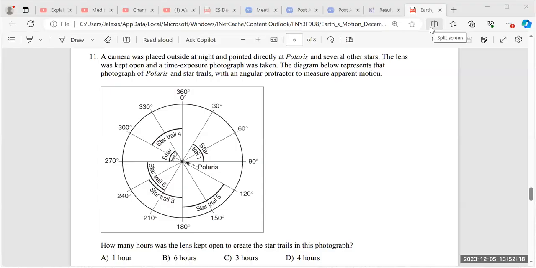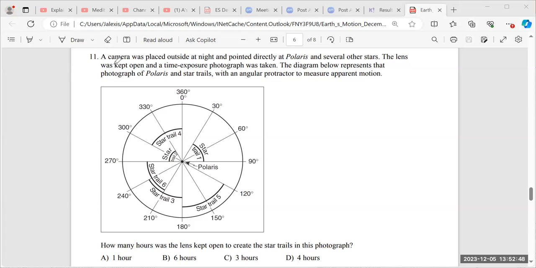All right, so this question says, a camera was placed outside at night and pointed directly at Polaris and several other stars. The lens was kept open and a time exposure photograph was taken. The diagram below represents that photograph of Polaris and star trails with an angular protractor to measure apparent motion. So there's a device that was placed in order to track how stars are moving during the night.